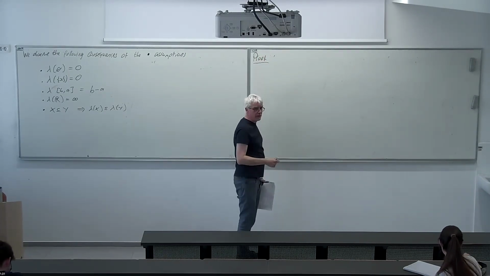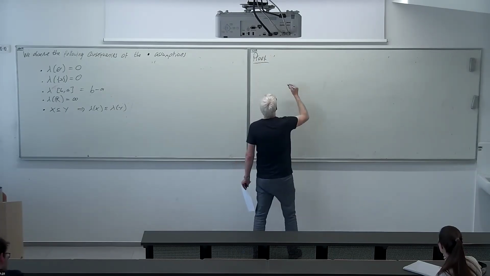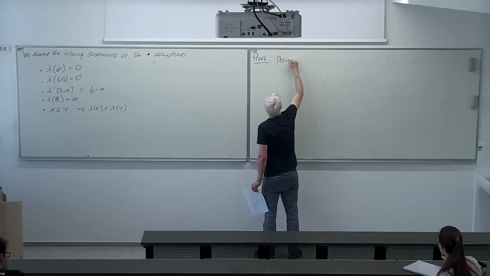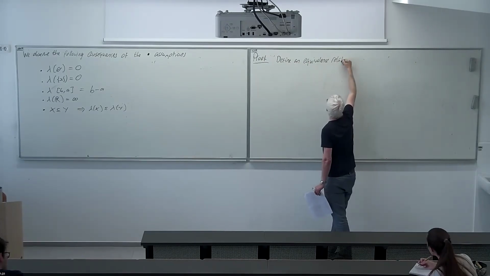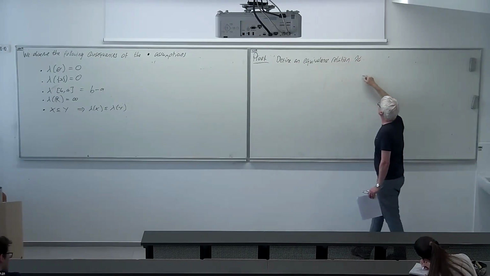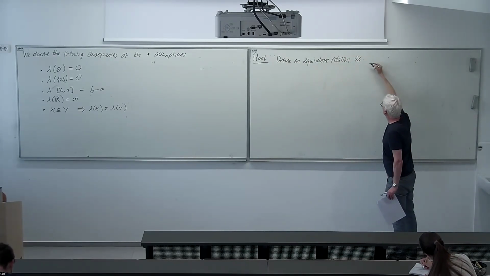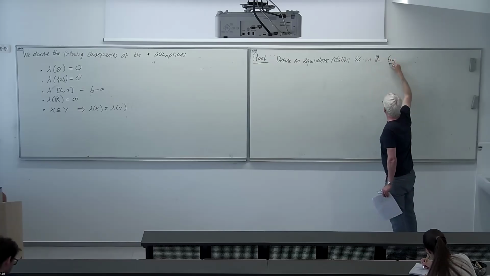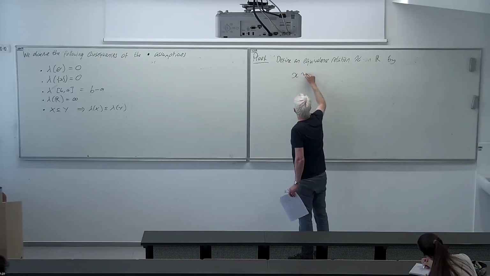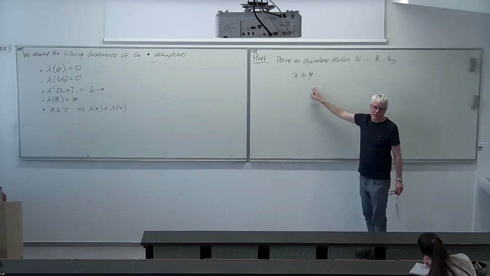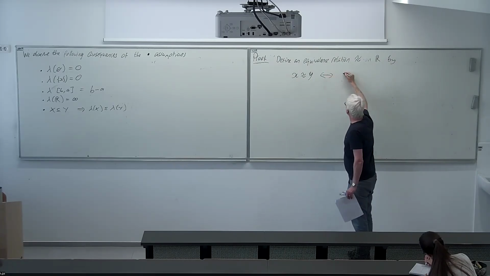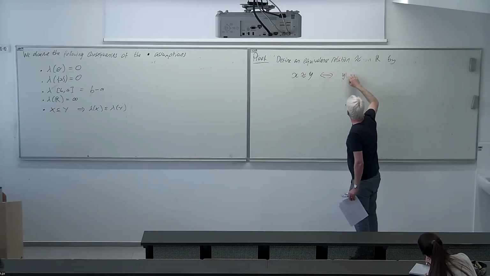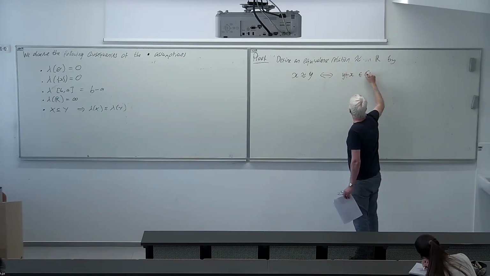We're going to define an equivalence relation on the reals. I use a typical equivalence relation notation on R: x is equivalent to y if and only if they differ by a rational number, so if and only if y minus x is rational.